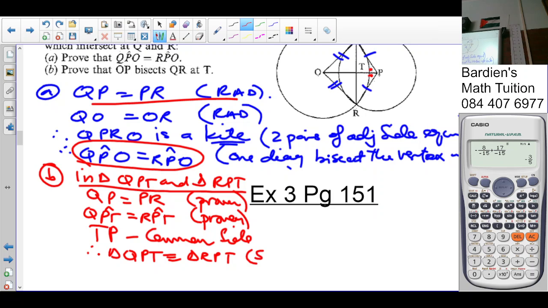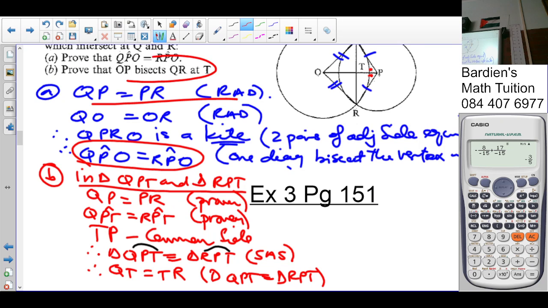Why? Side angle side. So therefore QT is equal to TR. Why? As you can see here, QT is equal to RT because triangle QPT is congruent to triangle RPT. Okay? And there we go.